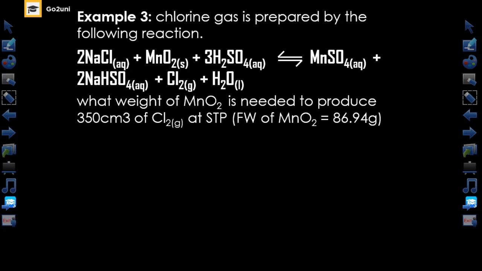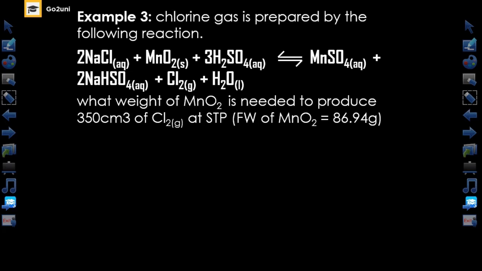So looking at the question, we need to ask ourselves, who are the species I am most interested in? From the question, it is clear that we are interested in MnO2 and chlorine, because the question says, what weight of MnO2 is needed to produce 350 cm³ of chlorine?